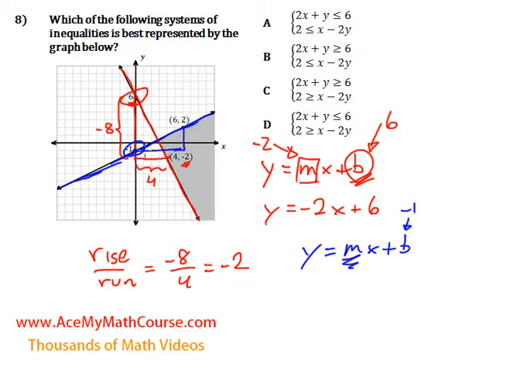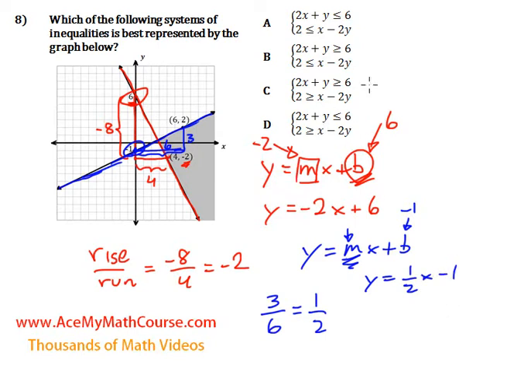In this case, the rise is 3, because we're moving from -1 all the way up to 2. So 3 units. And the run, the horizontal distance, we're going from 0 all the way over to 6. So rise over run is 3 over 6, which we can simplify to half. So y equals half x plus -1, which is -1.